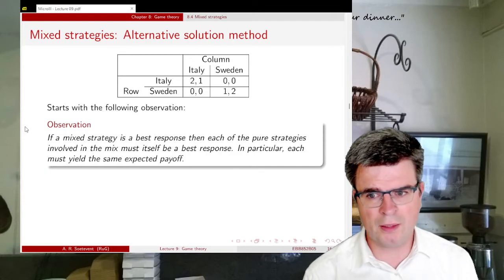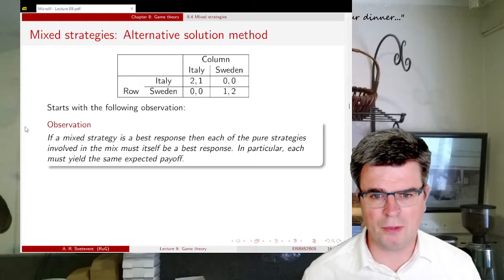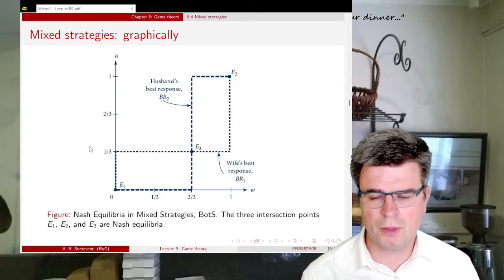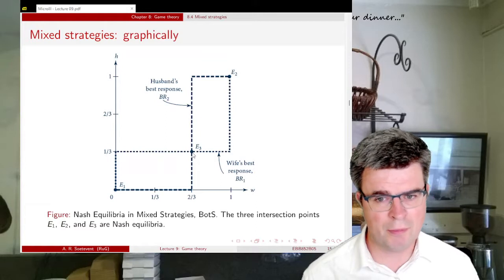So in particular, each must yield the same expected payoff. So here we have a mixed strategy equilibrium. It involves the two pure strategies, Italy and Sweden.